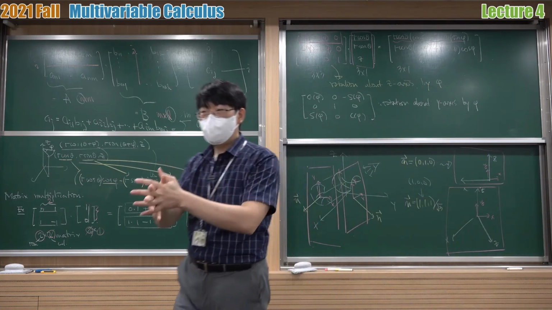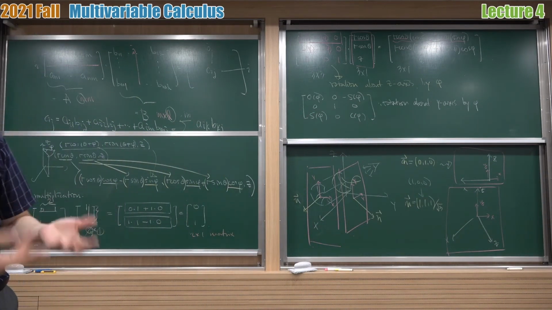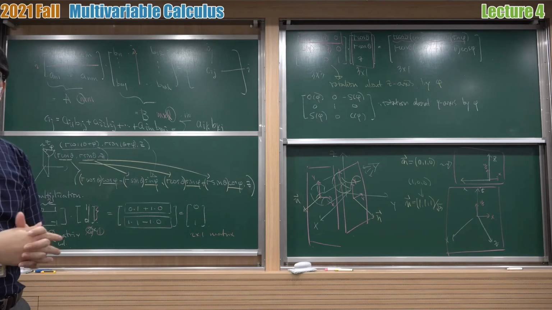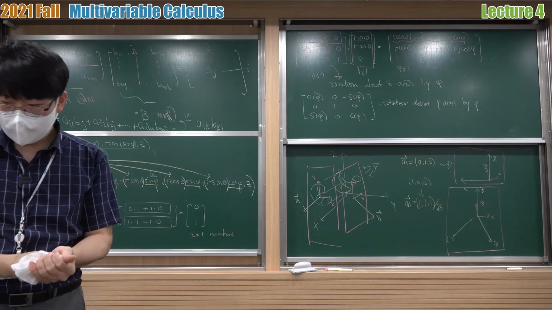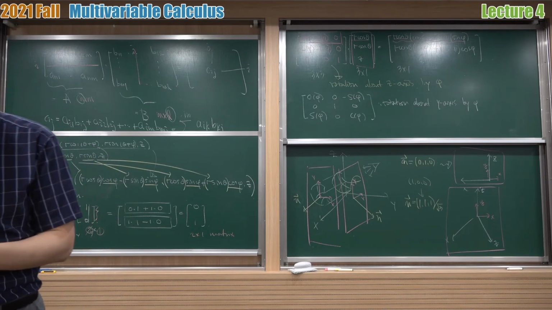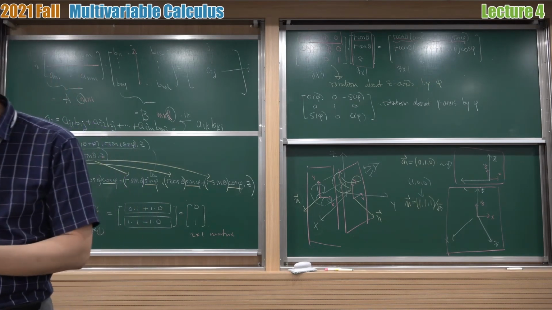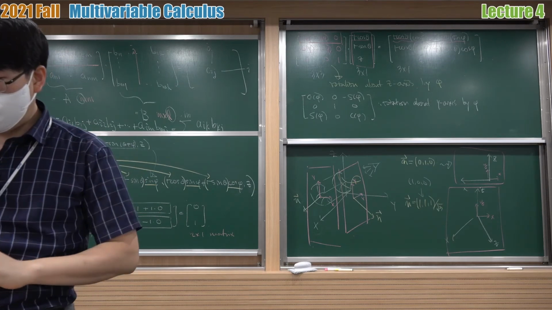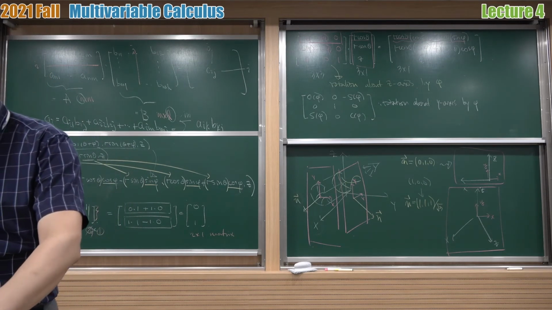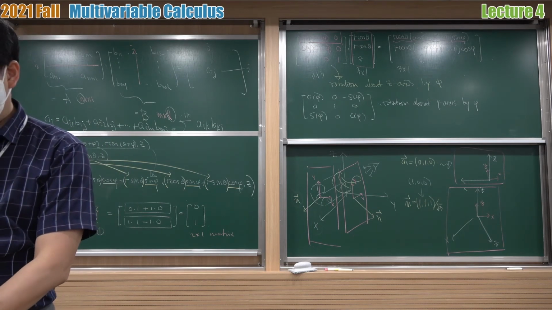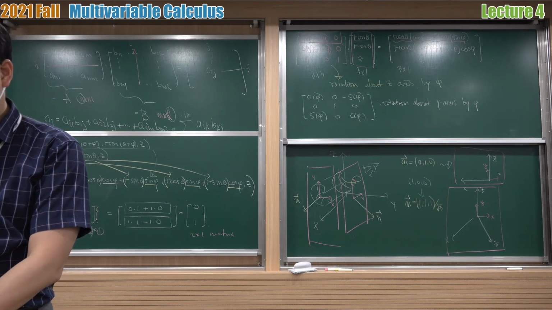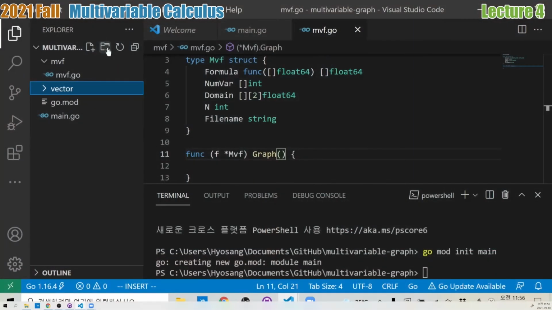In order to carry out that computation, you can do it by hand, but we want to do it in the program. So let's define our package. I define MVF as a function package. I want to define a vector package in order to define all this matrix multiplication, and so on.